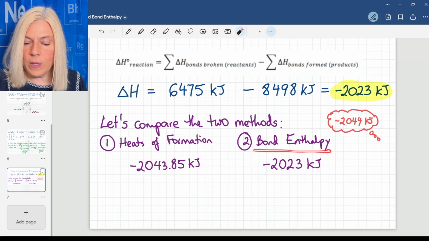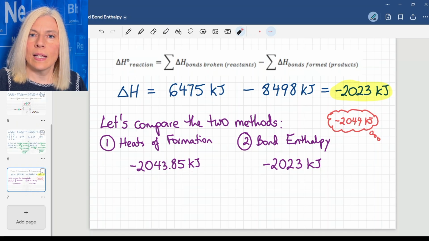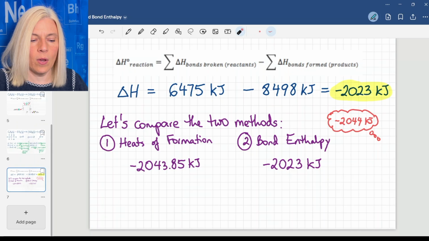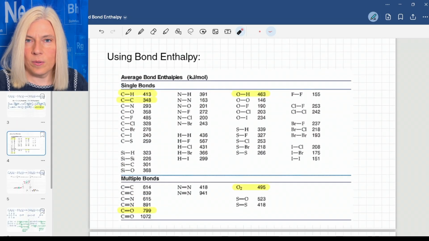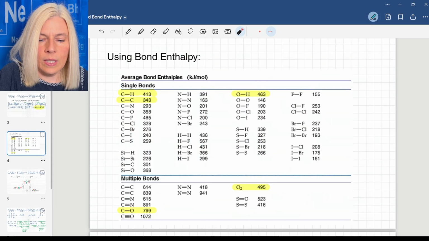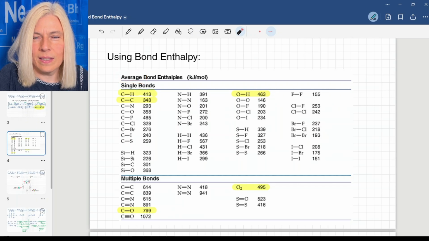Using bond enthalpy, we got pretty close, but this is better. Now, why? Let's think about why using heats of formation is better than bond enthalpy. Here is the answer. Do you see right here? Here is average bond enthalpies.